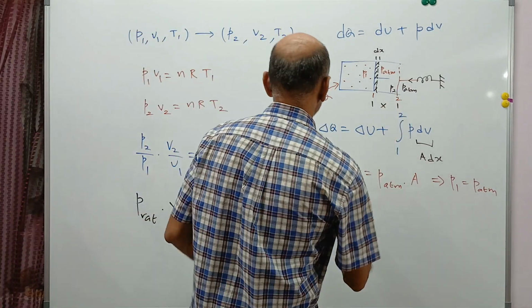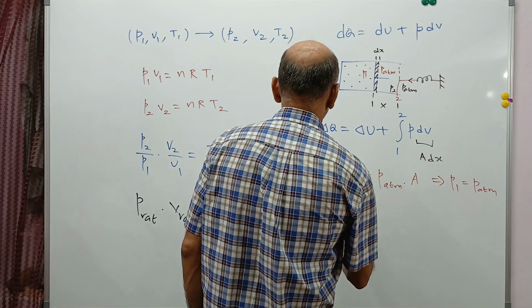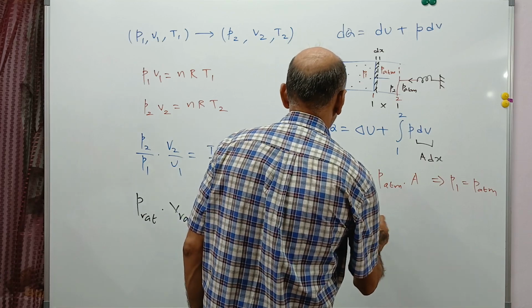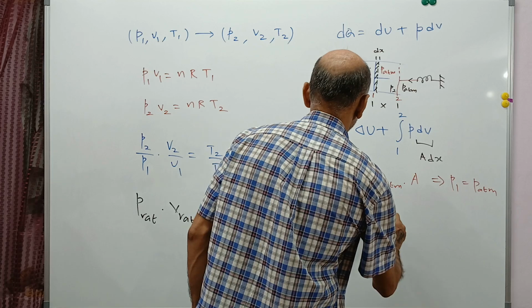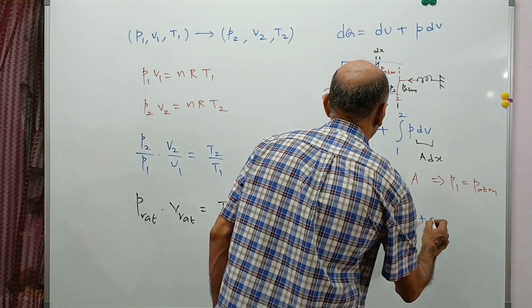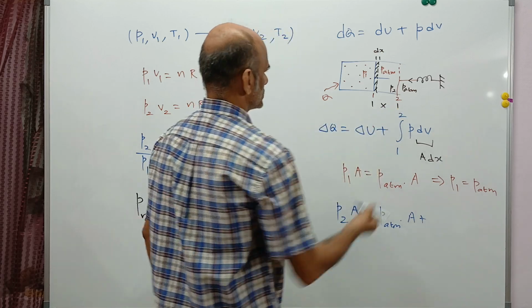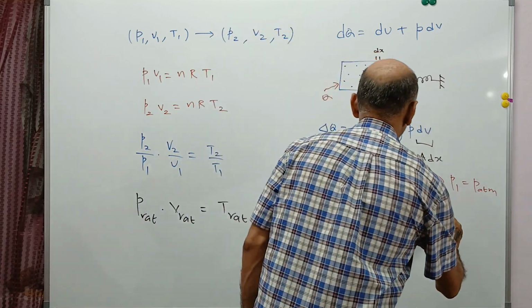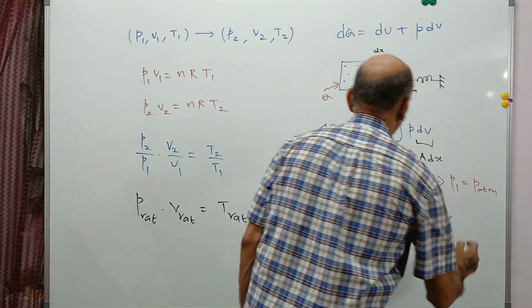So at this position, the force balance equation will be P2 into A. The force on this side will be the atmospheric pressure into A, plus the spring has got compressed by an amount x. So the spring will push in this direction by a force K into x.